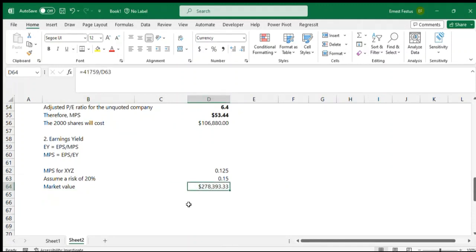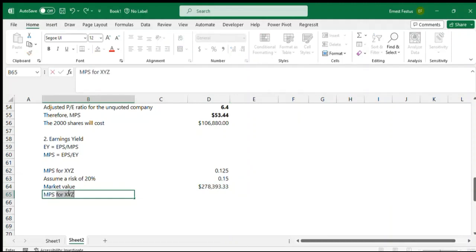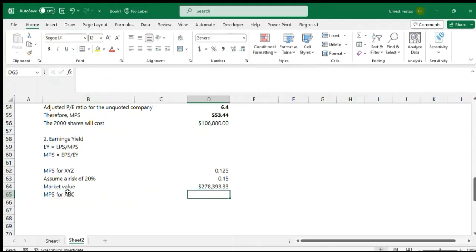So MPS for ABC will be equal to this value divided by our number of shares, which is 5,000 shares. So that is $55.68, and we are looking at the valuation of 2,000 shares.